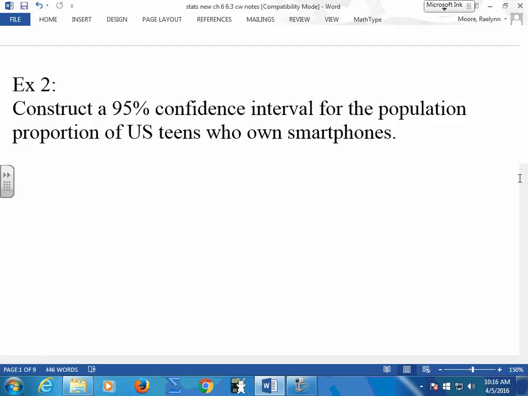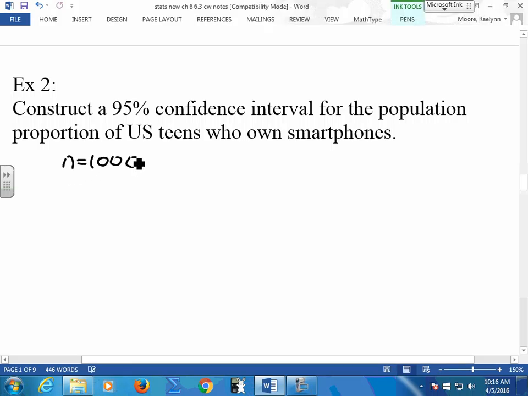Okay, so let's start real simple. We're going to construct a 95% confidence interval for the population of teens who own smartphones. So we asked 1,000 teens, and we're going to say X is how many responded yes. Was it 372? From example 1, 372 responded yes, they owned a smartphone.